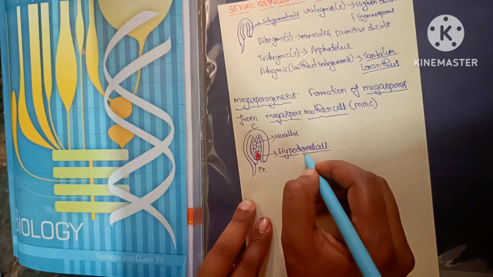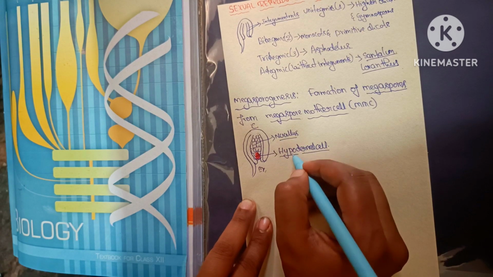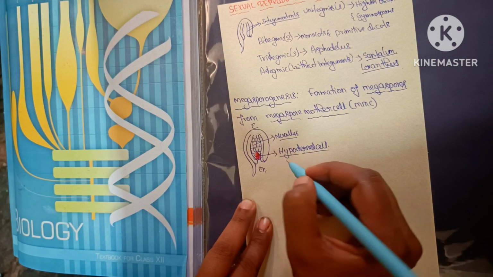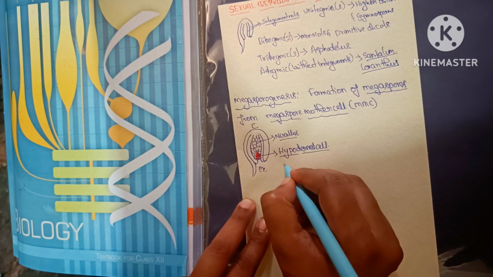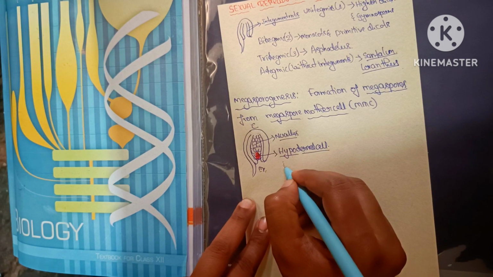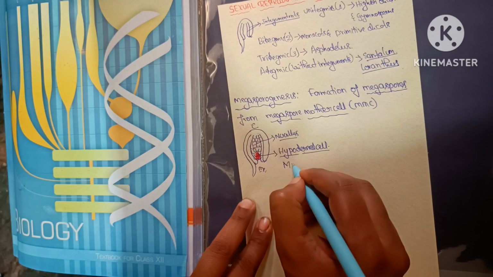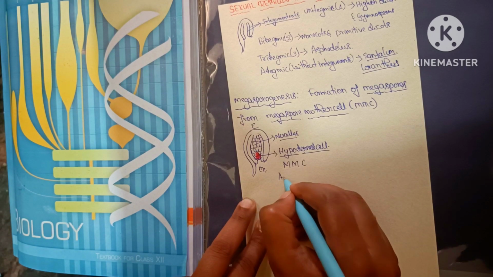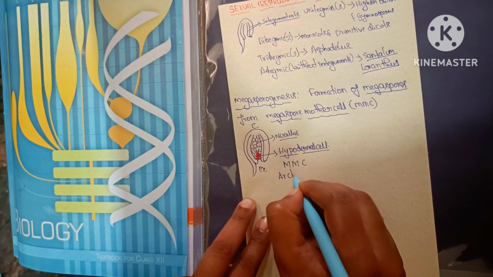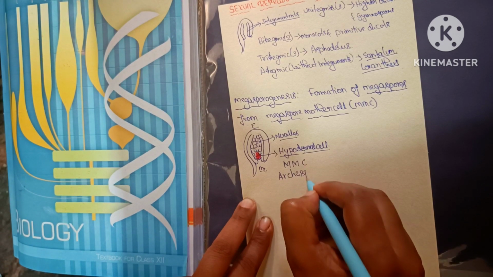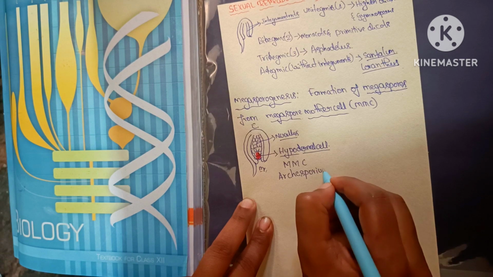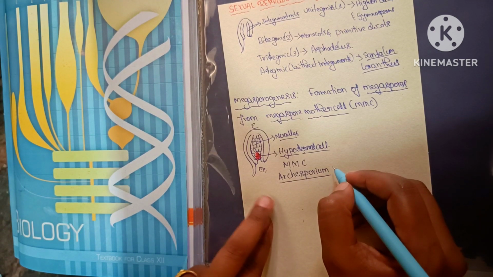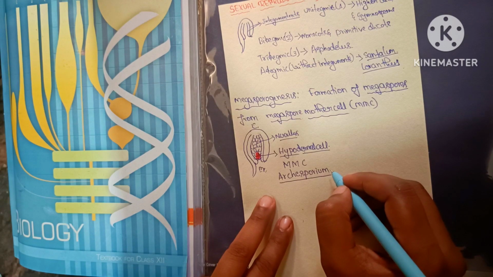It is a hypodermal nucellar cell. One hypodermal nucellar cell will become a megaspore mother cell, which is also referred to as archesporium. In the case of gymnosperms, this archesporium itself will develop into the gametophyte. That is a different case.